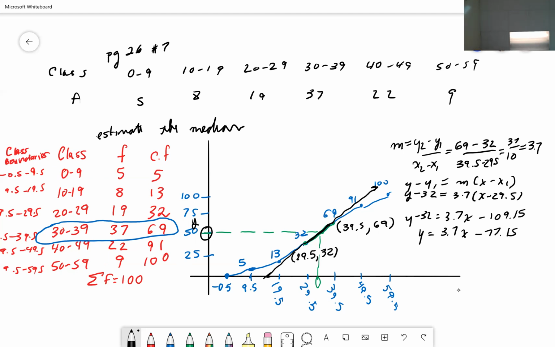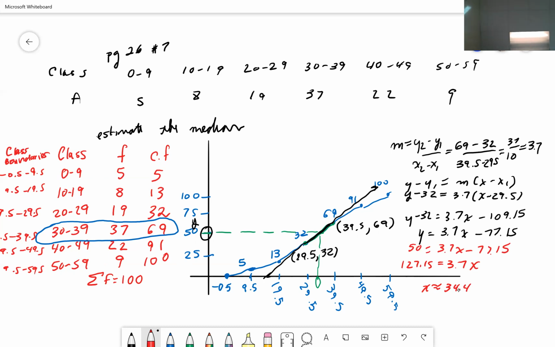And then all I do now is I substitute the 50 in the y and solve for x, right? So 50 plus 77.15, that comes out to 127.15 equals 3.7x, and then divided by 3.7. And I get x is approximately 34.4.